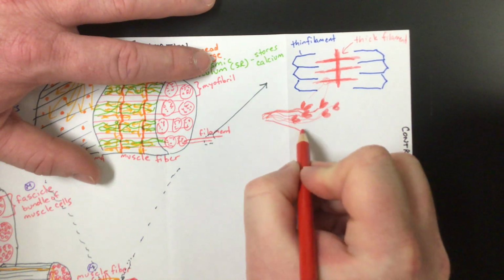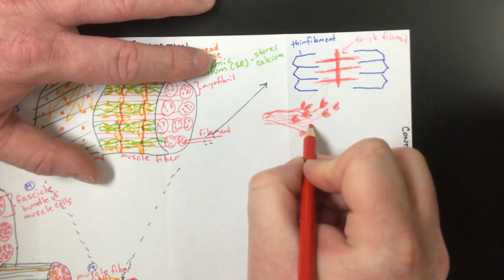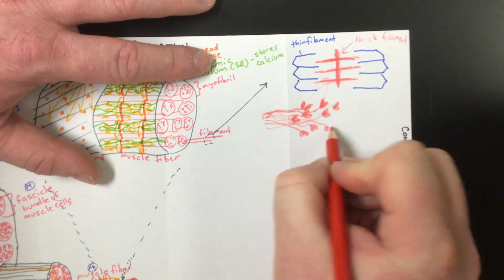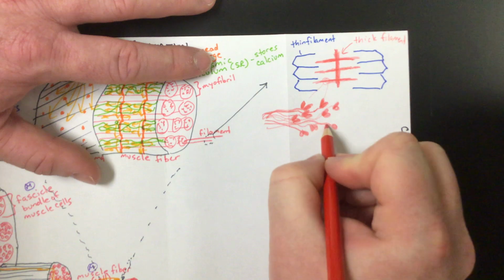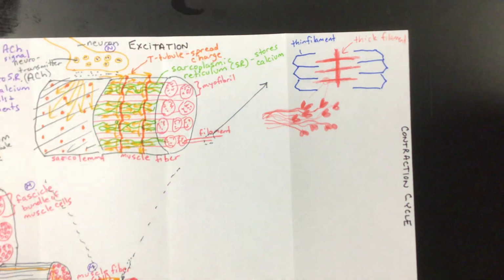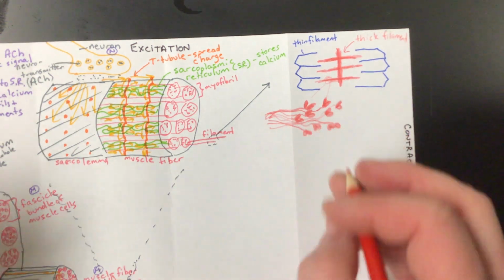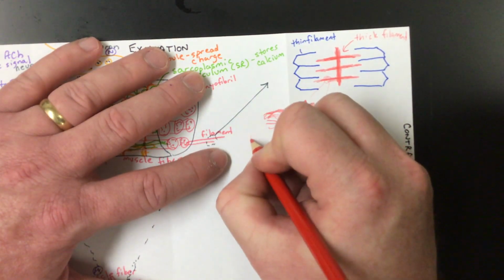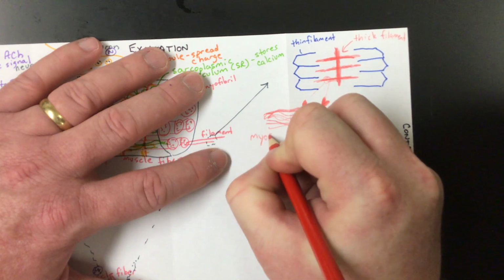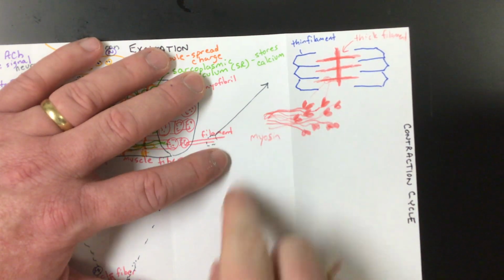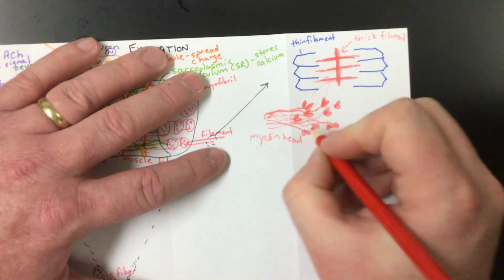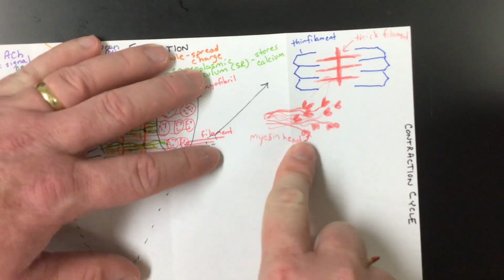And they don't just go to one side, they go to both sides, and these heads are going to be the things that interact with the thin filaments. So let's keep this red for our label. So these proteins are called myosin. All of these are myosin proteins, and then this specialized part is called the head.